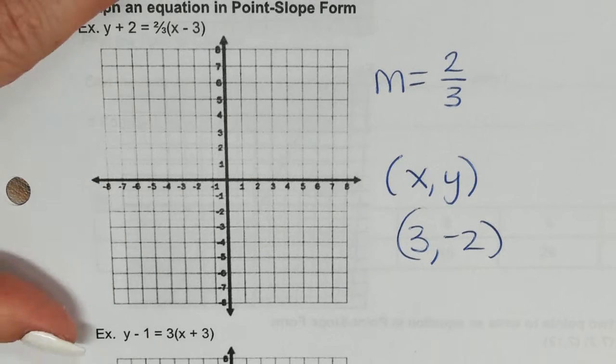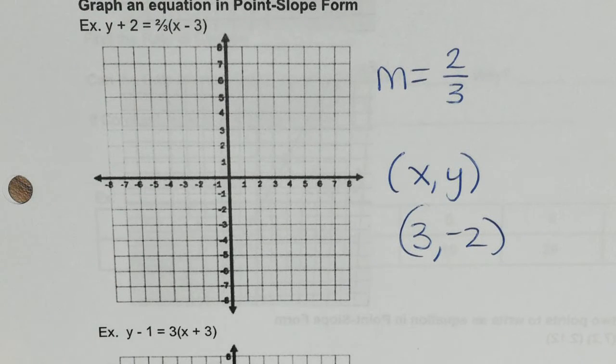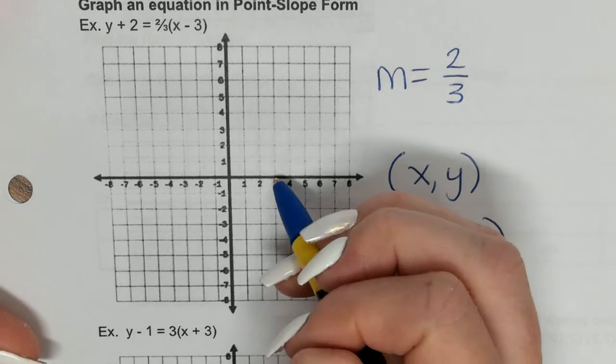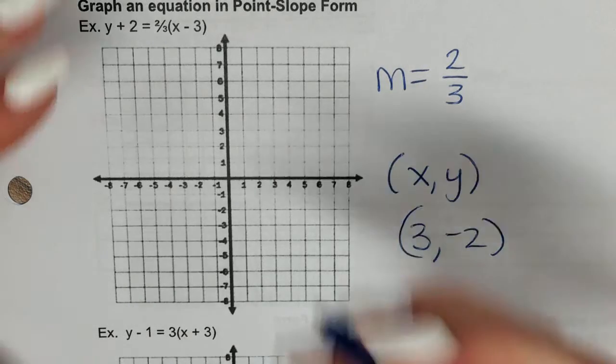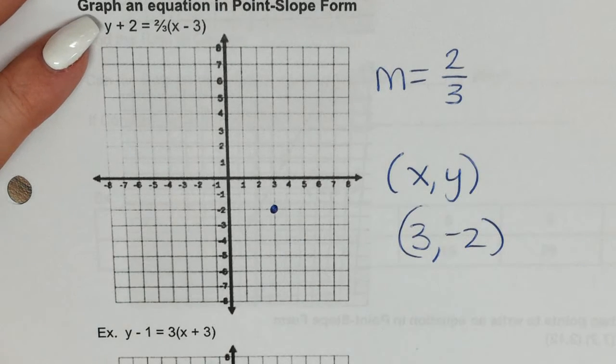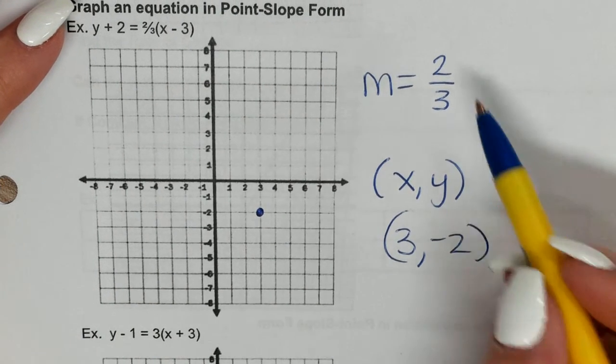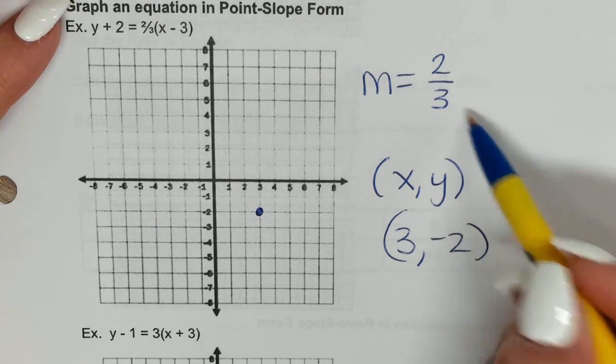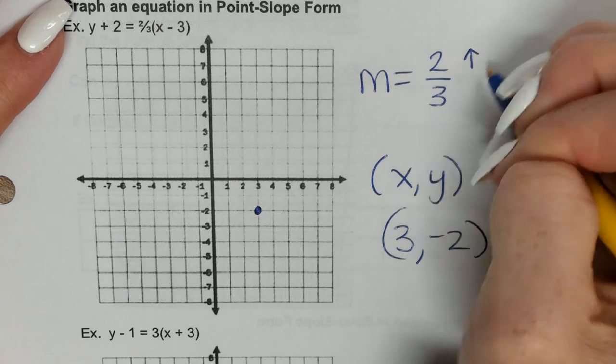Now that you have a point and a slope, can you graph? So where would you start? On the point. So you've got to graph this point. So I'm going to go to 3, go down 2, and put a dot. And then my slope, since it's positive, I'm going to go up and right.